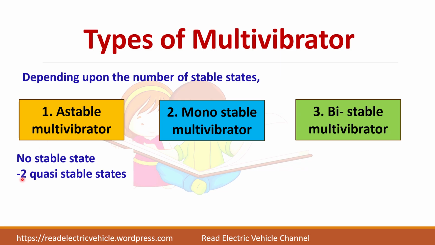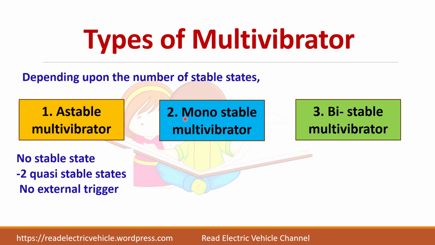It has only two quasi-stable states and it does not need an external trigger because we saw that only to move from a stable state you need an external pulse. As astable multivibrator does not have a stable state, there is no need for external trigger pulse. If you want to know more about astable multivibrator, please refer to the previous video on astable multivibrator.